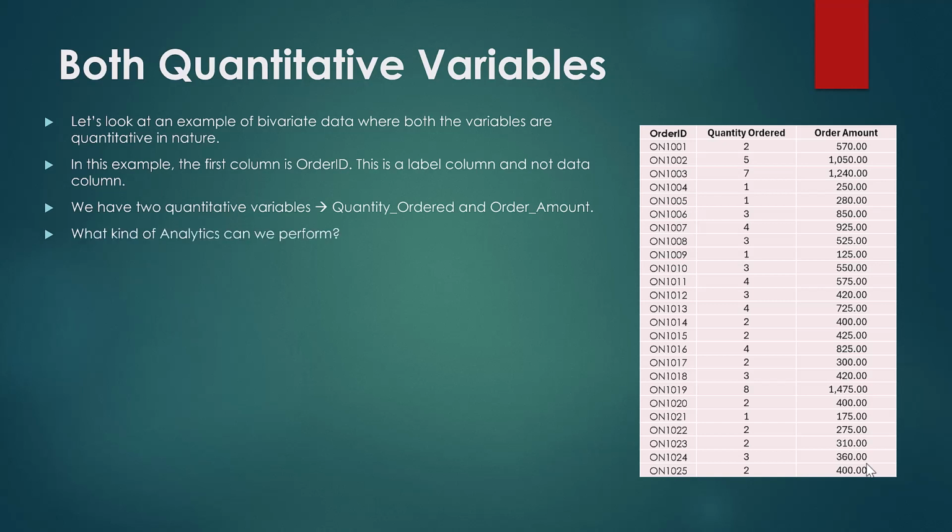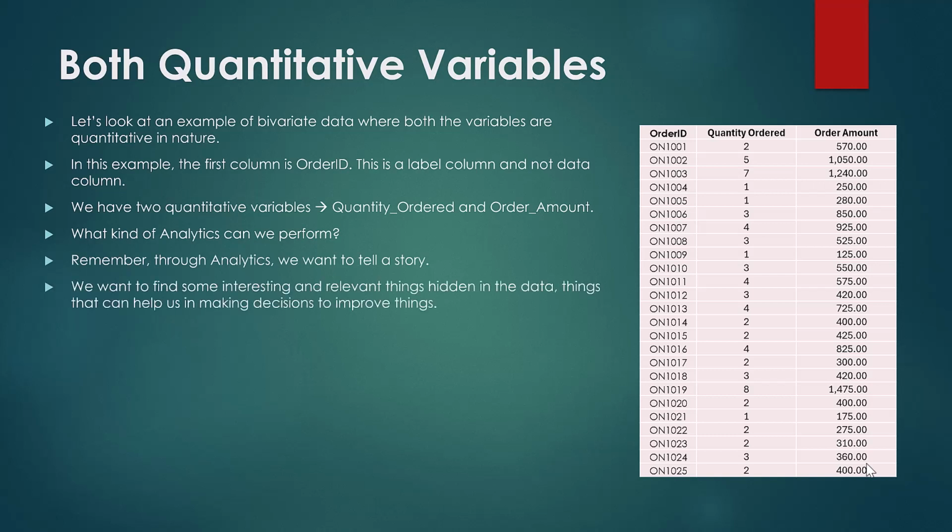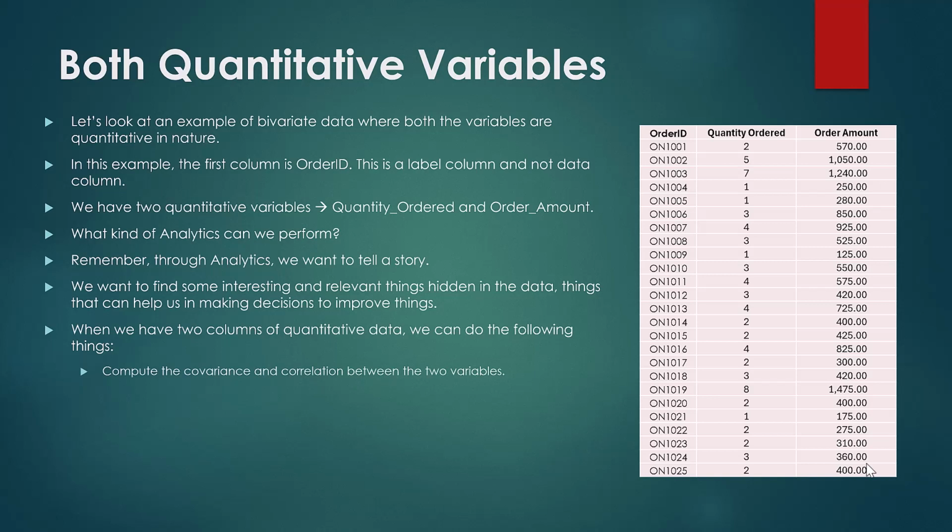So what kind of analytics can we perform here? Remember, through analytics, we want to tell a story. We want to find some interesting and relevant things hidden in data, things that can help us in making decisions to improve things. So when we have two columns of quantitative data, we can do the following things. We can compute the covariance and correlation between the two variables.